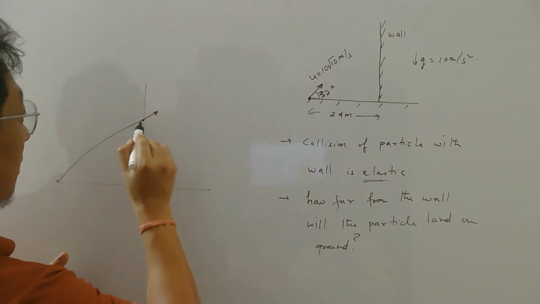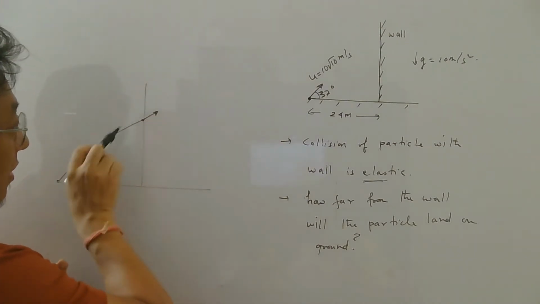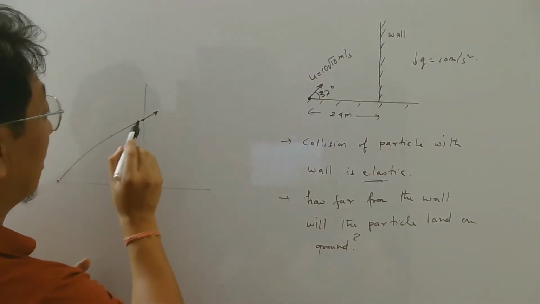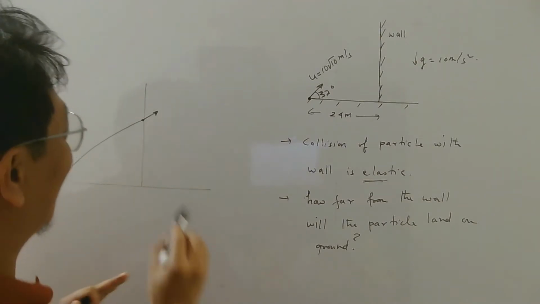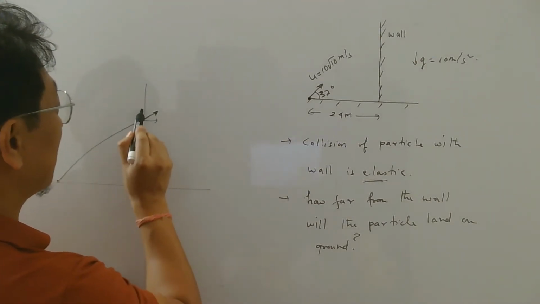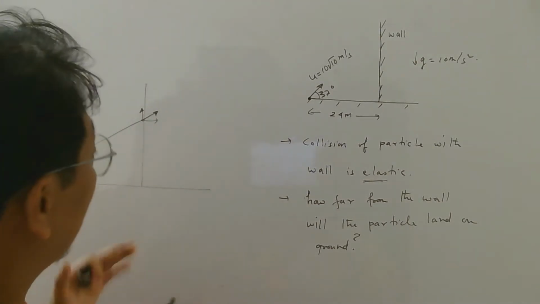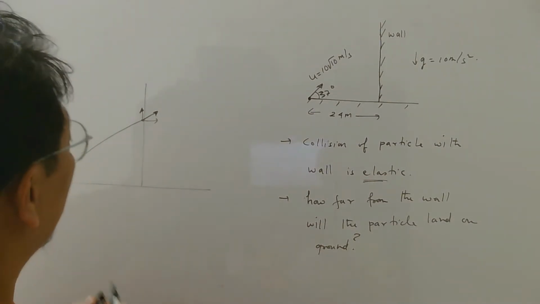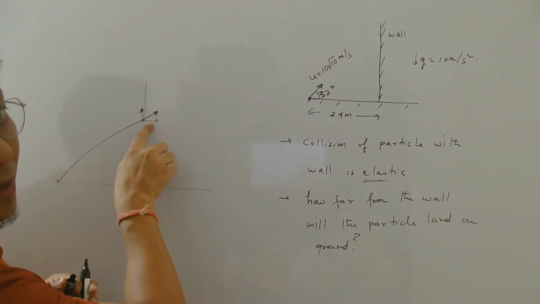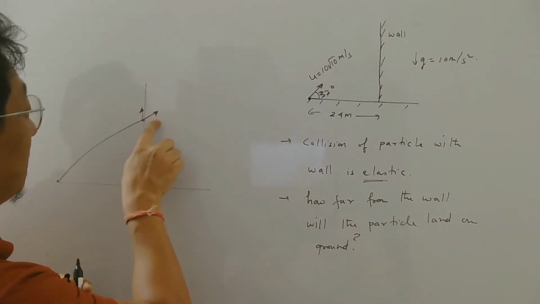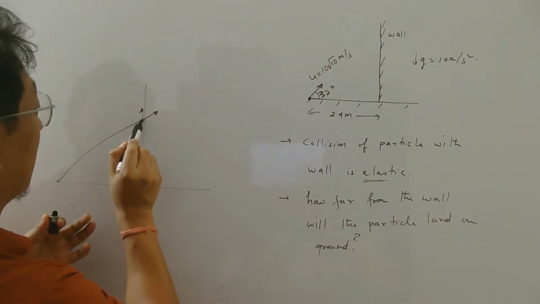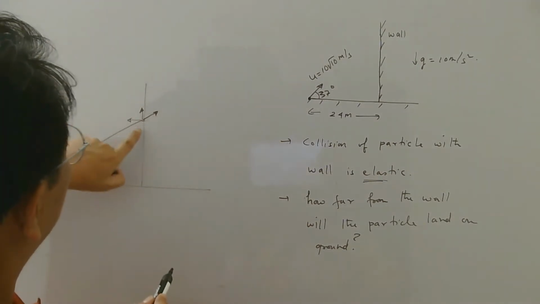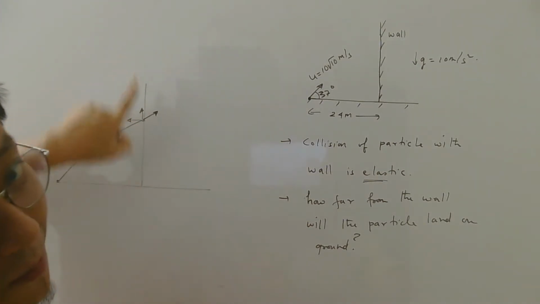So just before hitting the wall, its velocity is this side, up, at an angle. So if you take components, these are the two components. Now what happens after collision? If it is elastic collision with the wall, I told, this velocity will reverse after collision, and this velocity will remain the same.